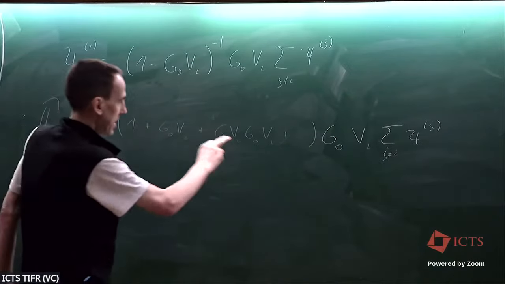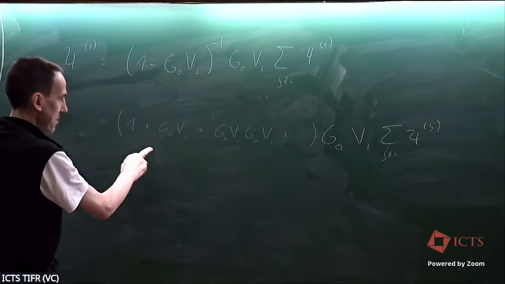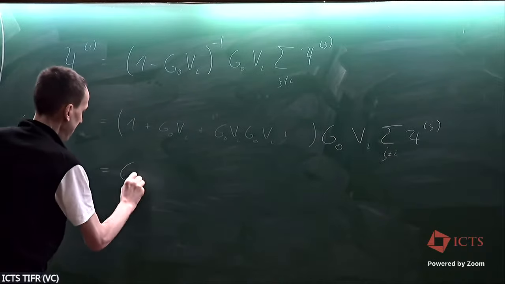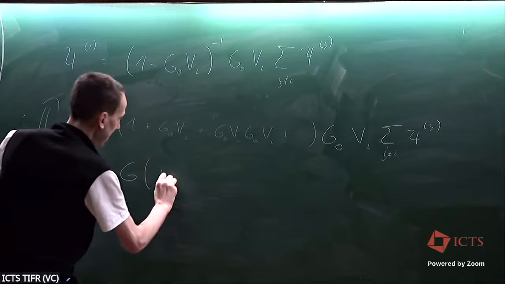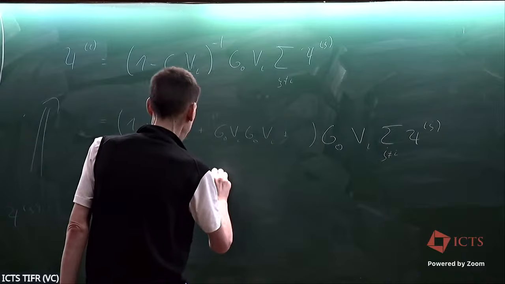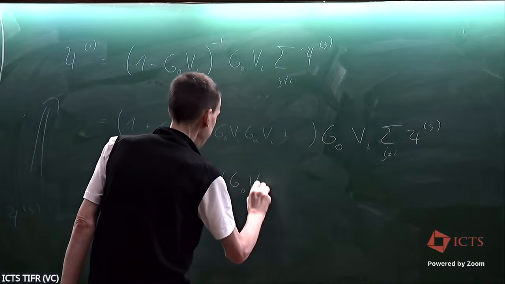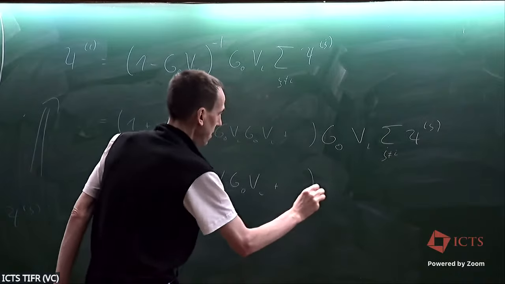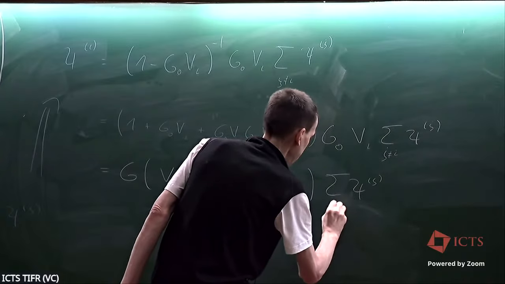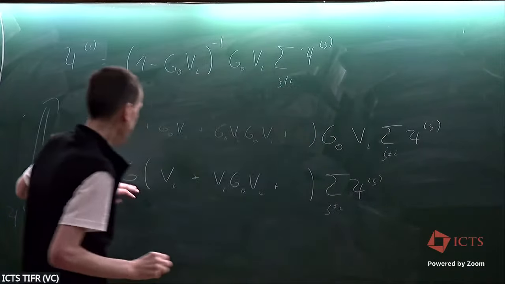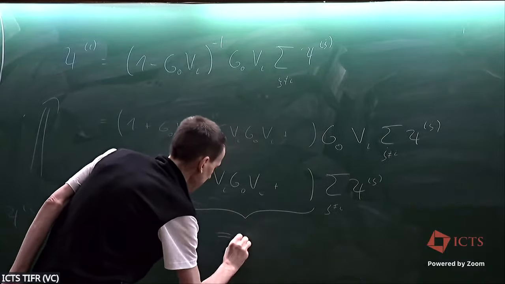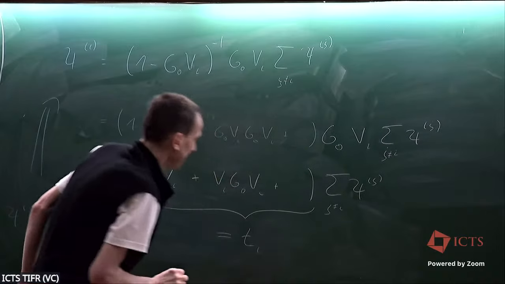Okay, so now I multiply that in, I factor out a G naught to the left, and then comes what is defined as the T matrix, VI plus VI, G naught, VI, sum over J not equal to I. And this sequence here is what we define as TI.